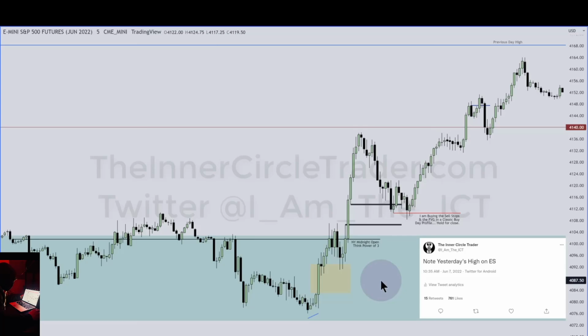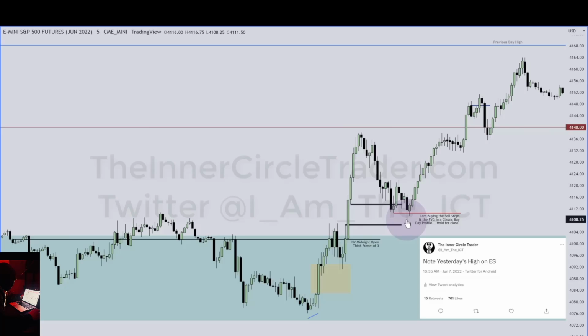Now, the market drops down into the sell stops here, and it's inside that fair value gap, and it's happening in the lunch hour. Now, I had things I had to take care of, and I was going to be away from the screens, and I didn't think I'd be back before 2 o'clock. But I was managing that trade from my cell phone, and you can see that cell phone trade management in the short little vignette.